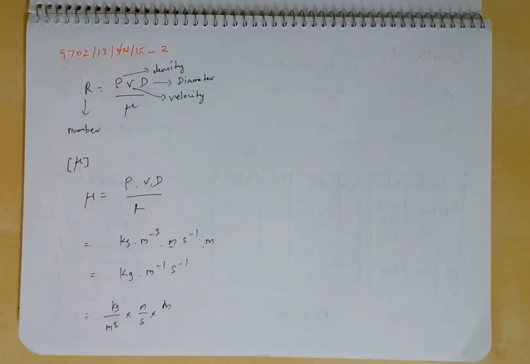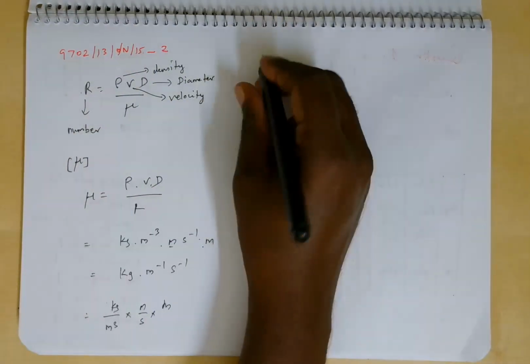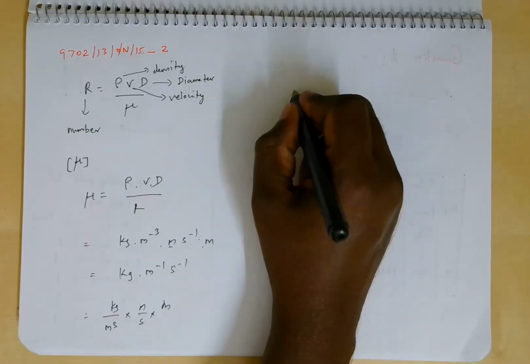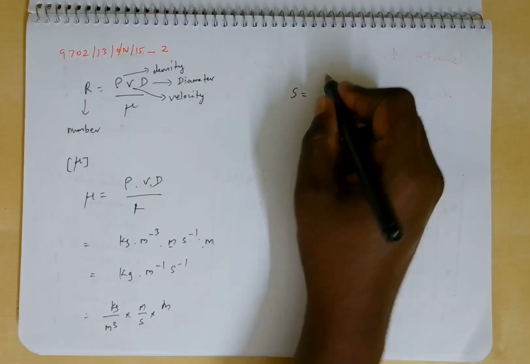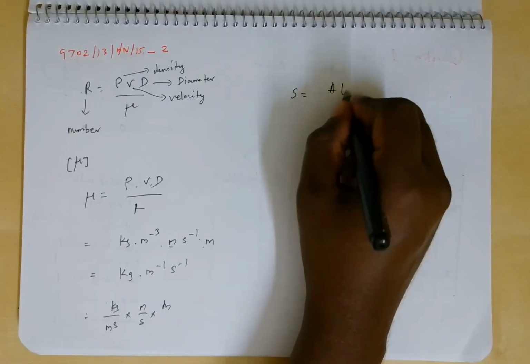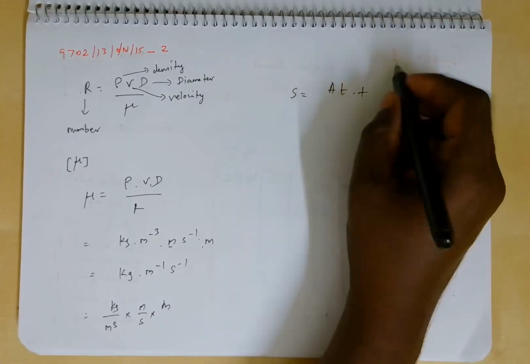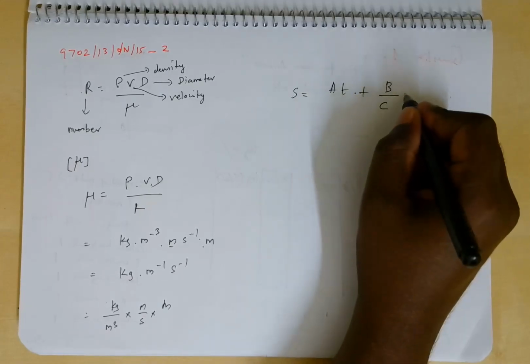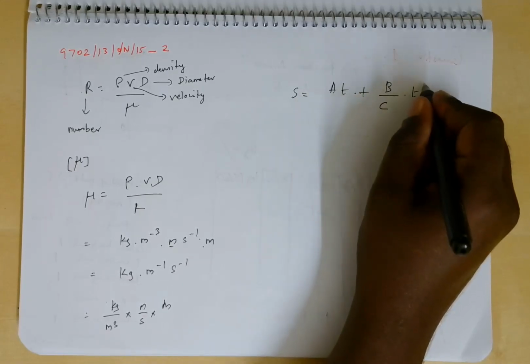Okay, sir. So here is another. I'm making up this question. Here's an equation: S equal to A into T plus B divided by C, T square.